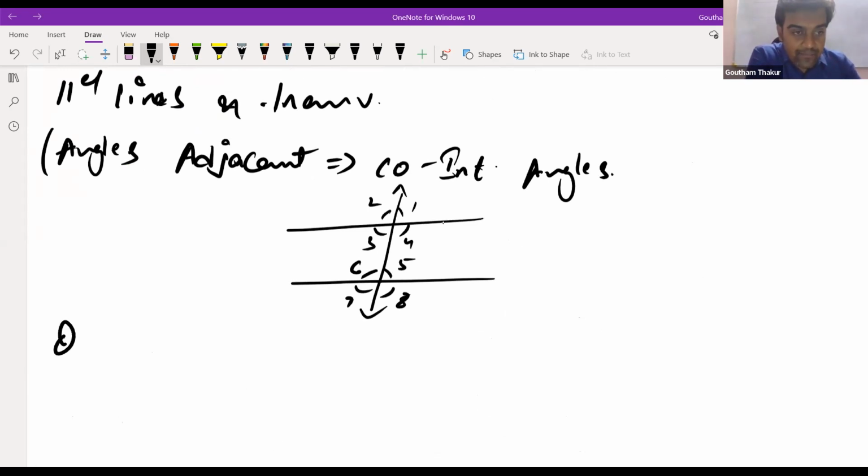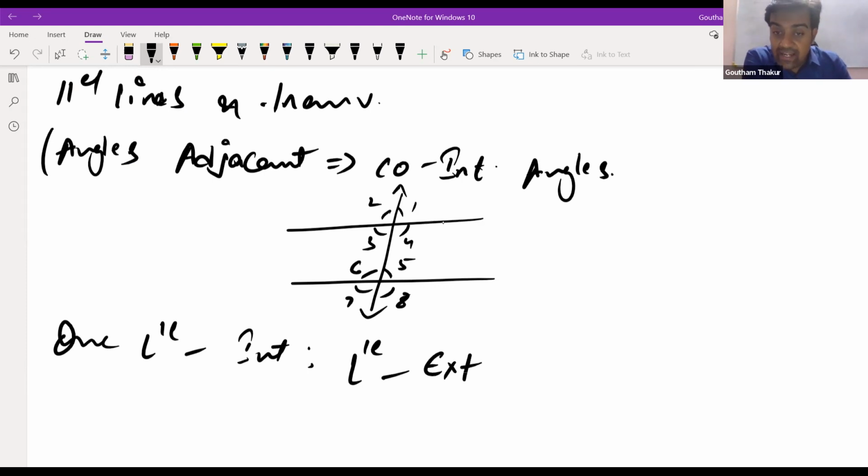One angle is interior and one angle is exterior, and they are equal. These are called corresponding angles. For example, I'll take 1, an exterior angle, and 5, an interior angle lying on the same side of the transversal.